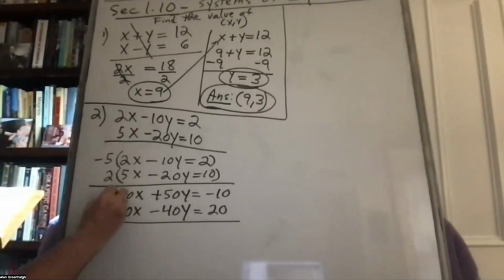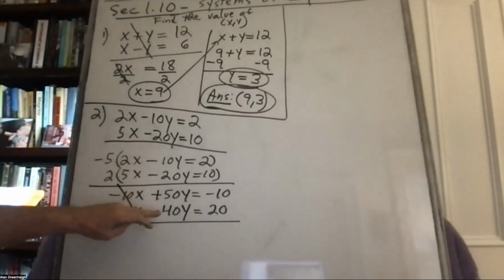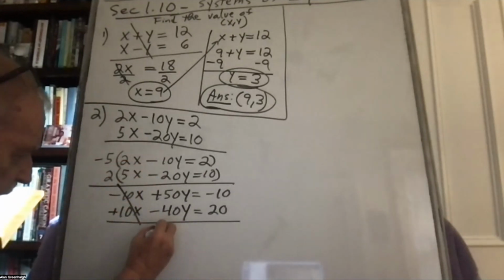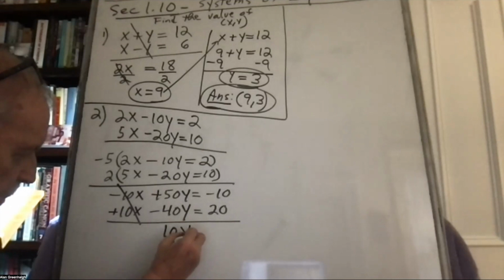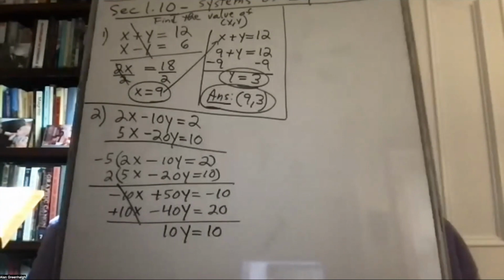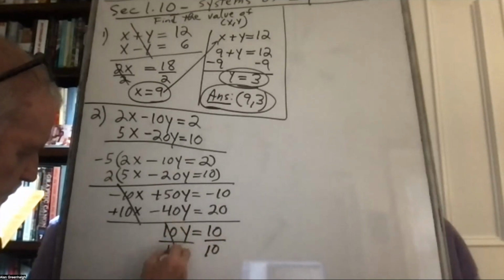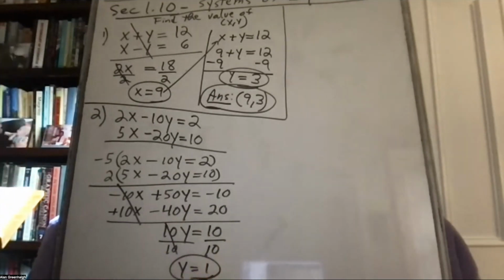Yes, because a negative 10 and a positive 10 becomes 0. Positive 50y and negative 40y becomes 10y equals 10. Negative 10 and positive 20. And then divide by 10, and y is equal to 1. Good.